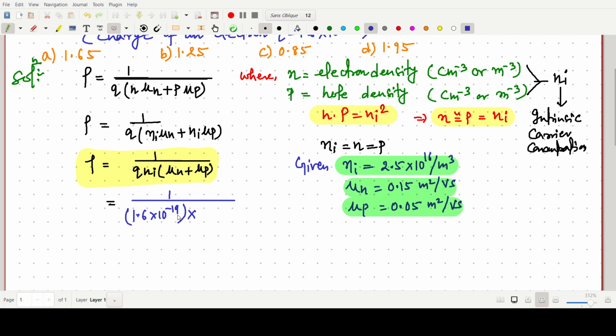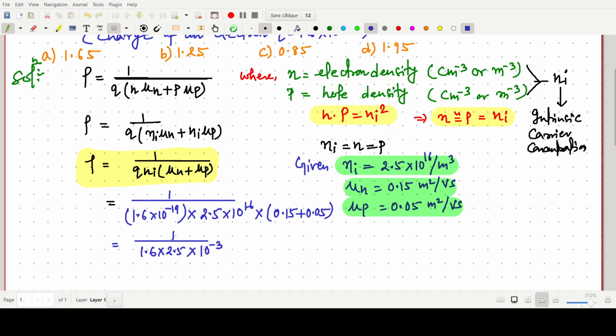The ni value is 2.5 into 10 to the power 16, into mu n plus mu p, so 0.15 plus 0.05, which is 0.2. So we can write 1 upon 1.6 into 2.5 into 10 to the power minus 19 and 10 to the power 16.